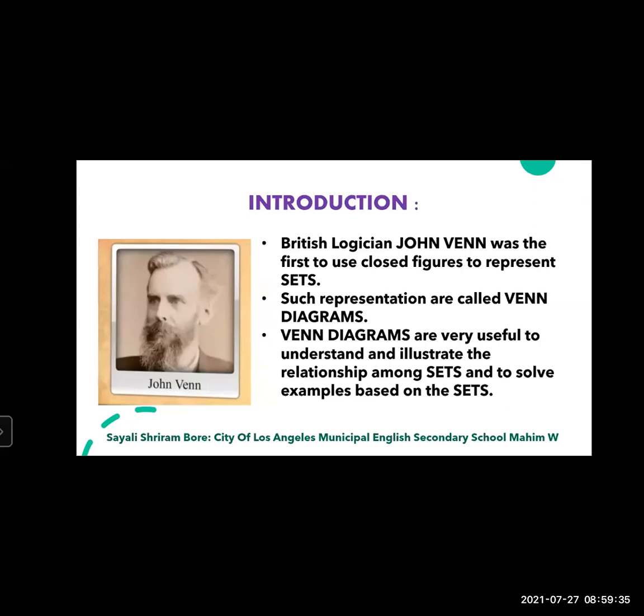You can use the triangle also, circle, oval, to represent that set. And such pictorial representation is called what? Venn diagrams.